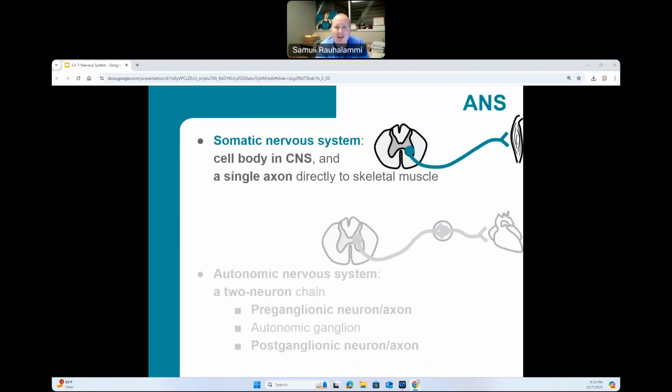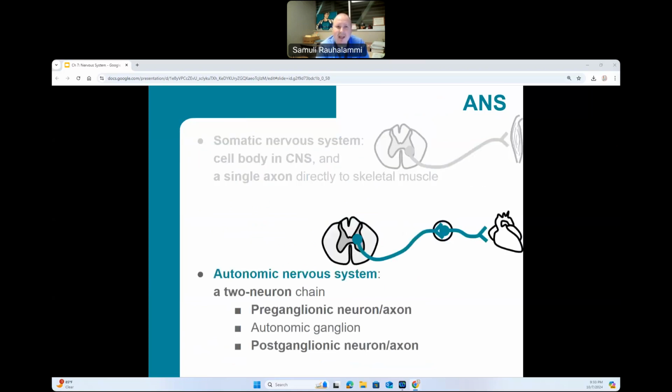Here we see that the cell bodies are located still within the central nervous system. They have this single axon that extends directly to the target, and in this diagram that would be the skeletal muscle. In the autonomic nervous system, we have a setup of two neurons. These are the preganglionic neuron with its cell body within the central nervous system, and this neuron's axon is thin and lightly myelinated.